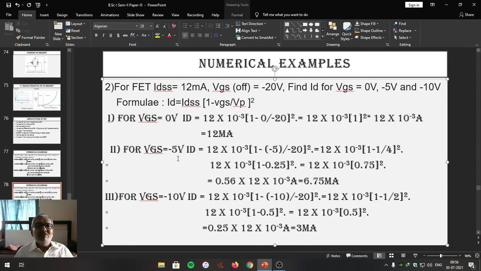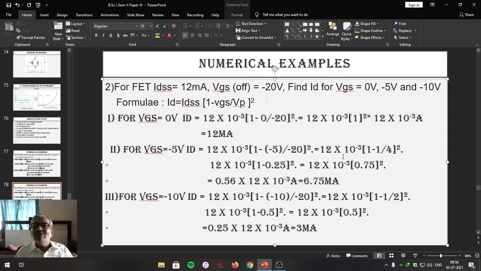Next one is for VGS equal to minus 5 volt. ID is equal to same formula, IDSS, that is 12 into 10 raised to minus 3 into bracket 1 minus VGS, which is minus 5, upon VGS(off), that is VP equal to minus 20. 5 upon 20 it is 1 upon 4.